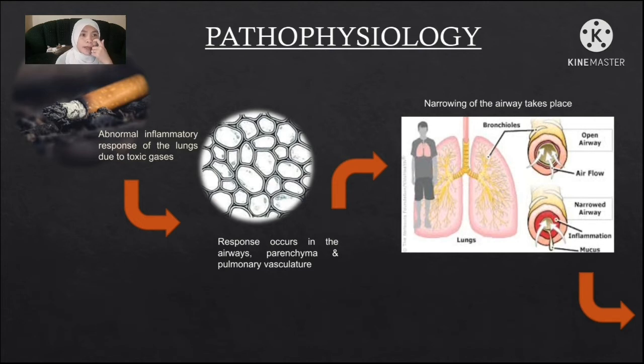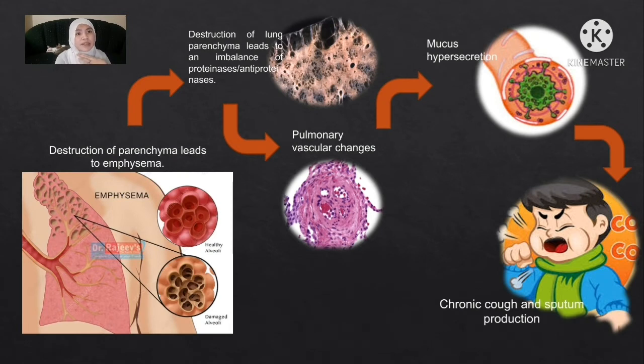The airways will become narrower and inflamed, and at the same time they will produce mucus. Then if the parenchyma is damaged, it will worsen to emphysema. Emphysema is when our alveoli are destroyed.